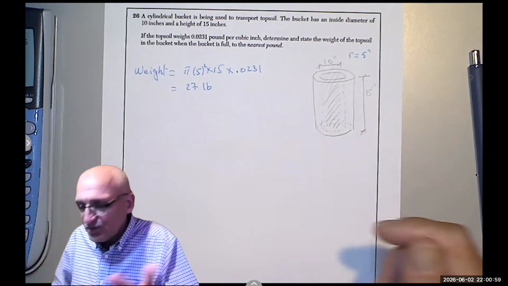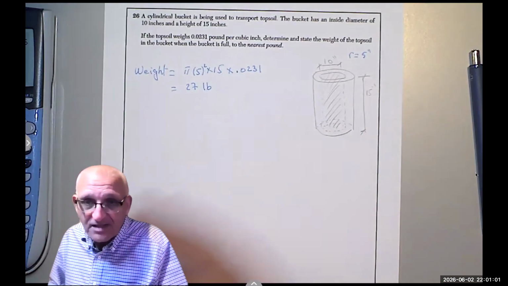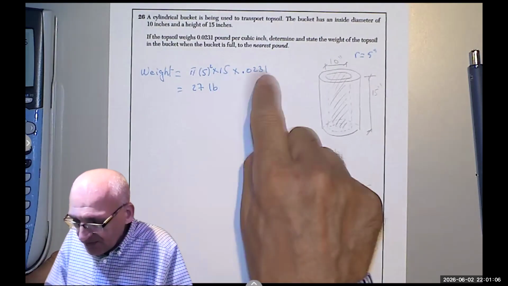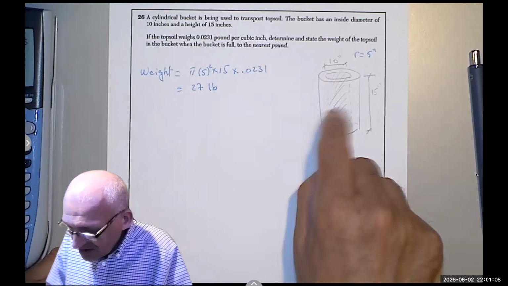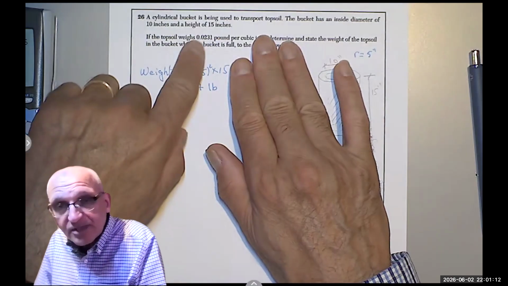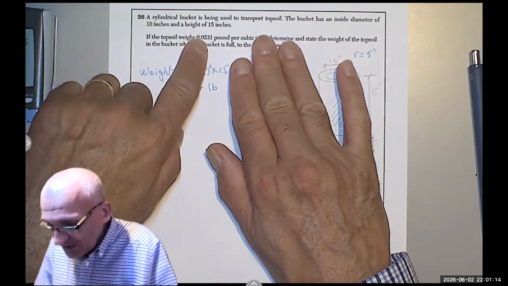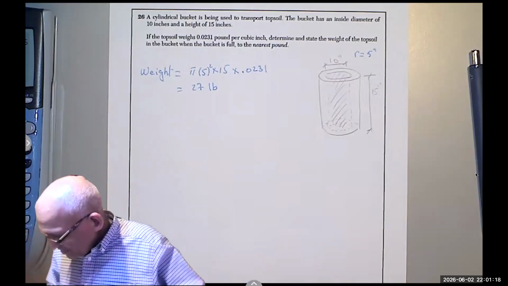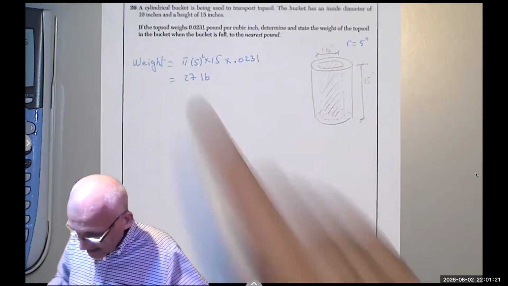You know the volume of the cylinder anyway, it's pi r squared h. These are in cubic inches, and each cubic inch weighs 0.0231 pounds. So you multiply by 0.0231 and you get that in pounds. Okay, that's the second one.